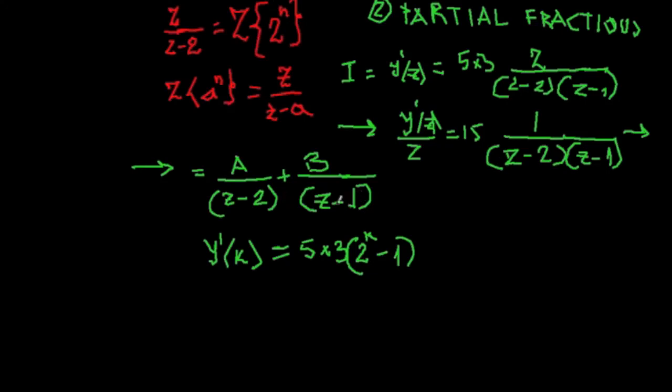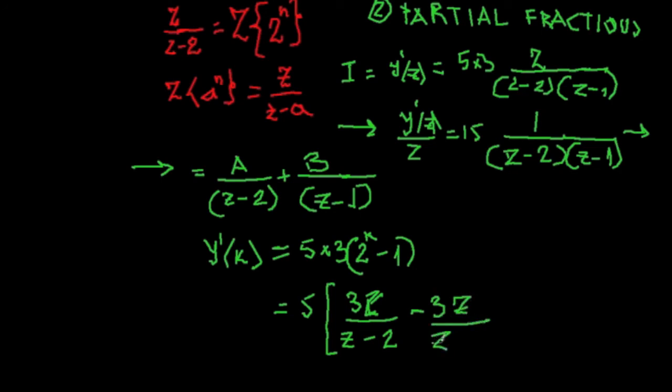Because these two factors are going to be 2 to the k, essentially the sequence is going to produce, and this is already factored as z minus 1, because when we put this z on the other side, we will obtain that this is the same as 5 multiplied by 3 multiplied by z over z minus 2 minus 3 over z minus 1.